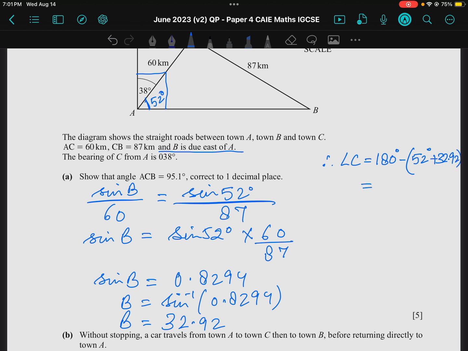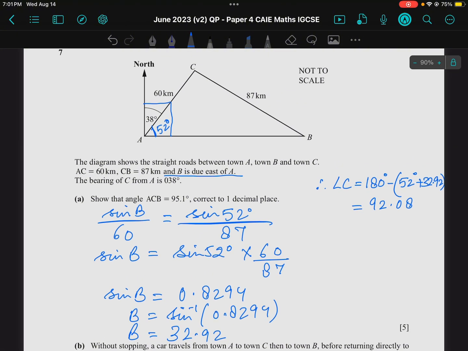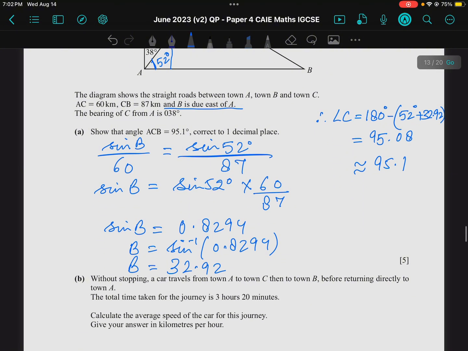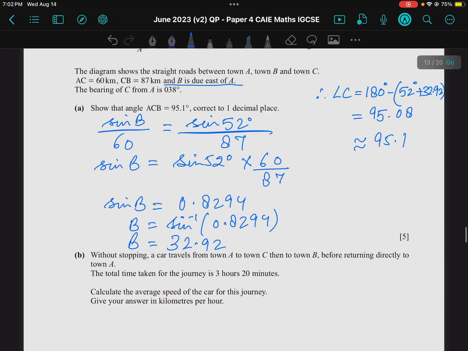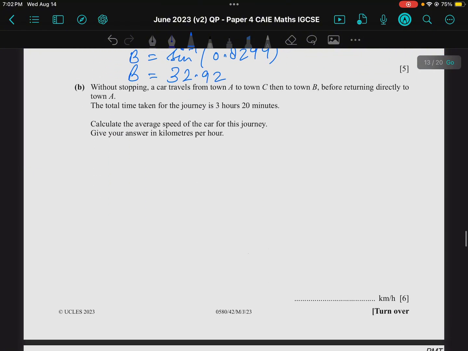So angle C will come out as 95.08, approximately 95.1. I can write 95.1 degrees.